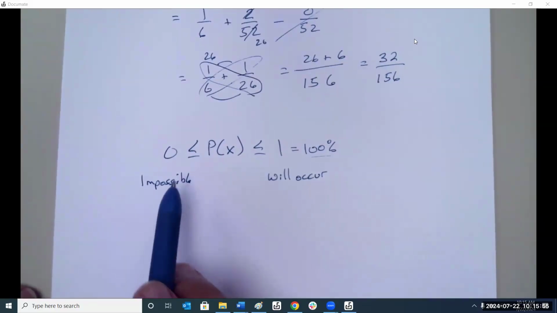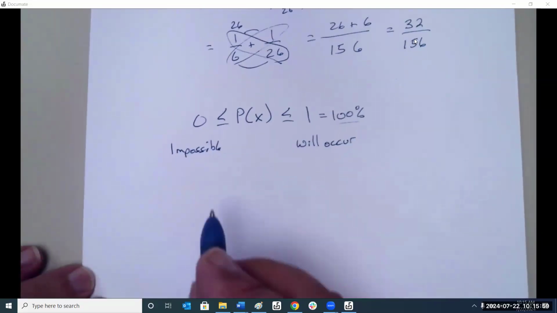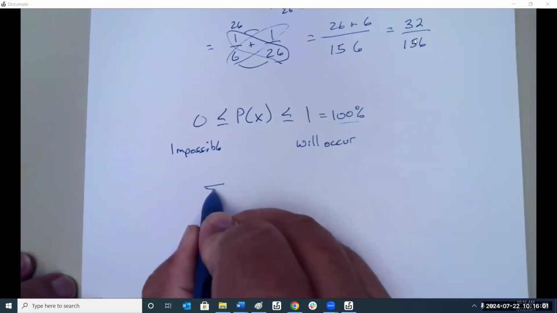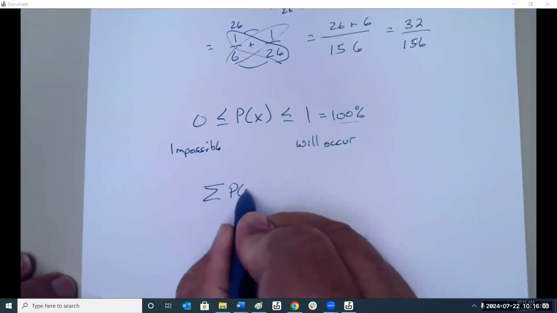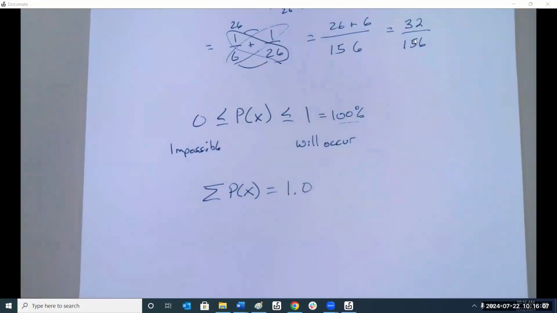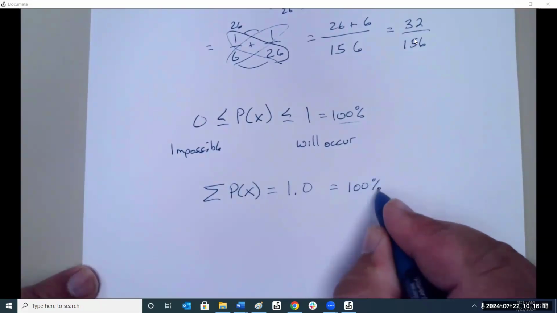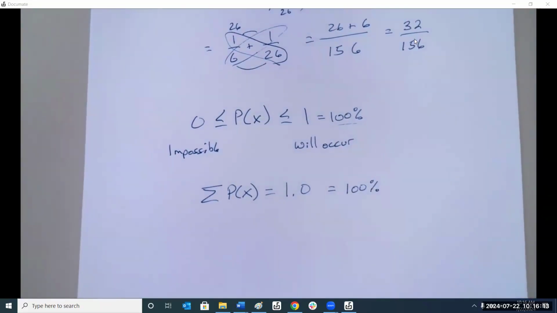So everything has to be between 0.0 and 1.0. And the summation of all your probabilities has to equal 1.0 or 100%. If you take all the probabilities and add them together, they have to equal 100%.